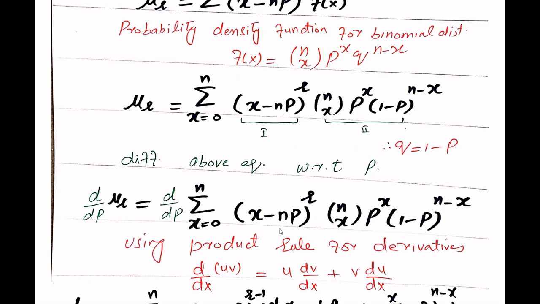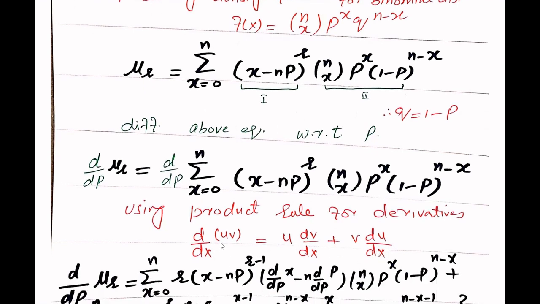The product rule is d over dx of uv: if one term is u and other is v, write the first term as it is, take the derivative of second term, plus write second term as it is and take the derivative of first term. We apply this product rule to take the derivative.